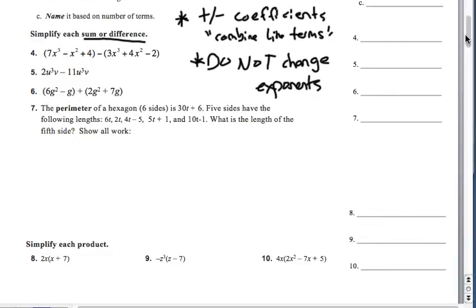So here I see a 7x cubed and a 3x cubed. Now, the one thing that I should actually do before jumping right in is, what do you notice? Well, I notice that this is a subtraction problem. Hopefully you remember what I emphasized for subtraction.